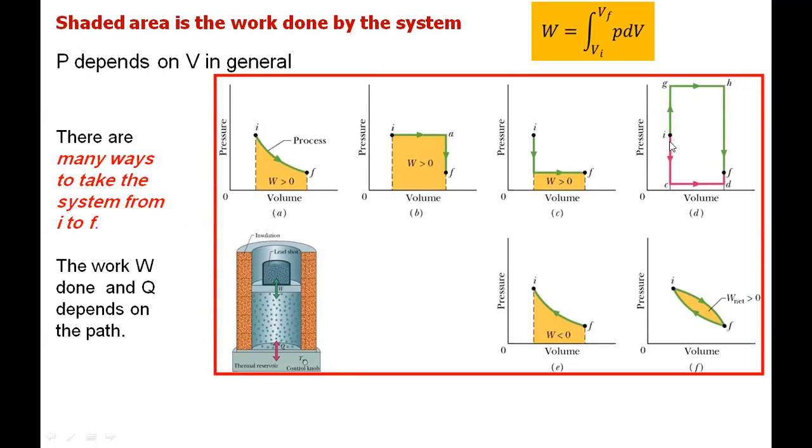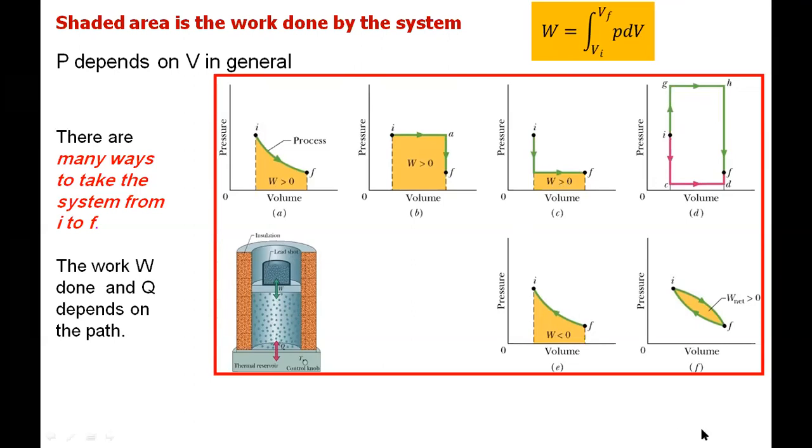Here we can take this path from initial to final, or we can choose the other path from initial to final state. So there are many ways to take the system from initial to final. The work done depends on the path.